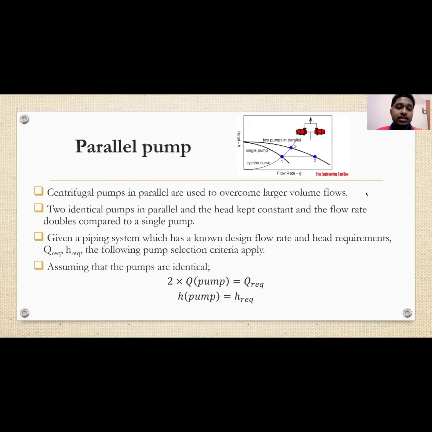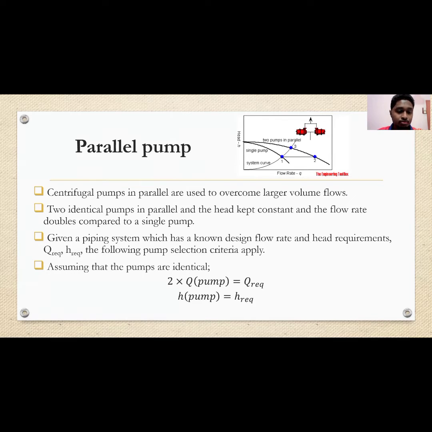Parallel pumps are centrifugal pumps in parallel which are used to overcome larger volume flows. For two identical pumps in parallel, the head is kept constant and the flow rate doubles compared to a single pump. Given a piping system which has a known design flow rate and head requirements, the following pump selection criteria apply.